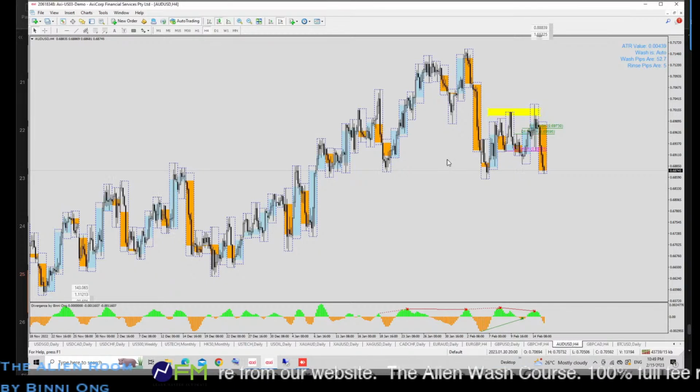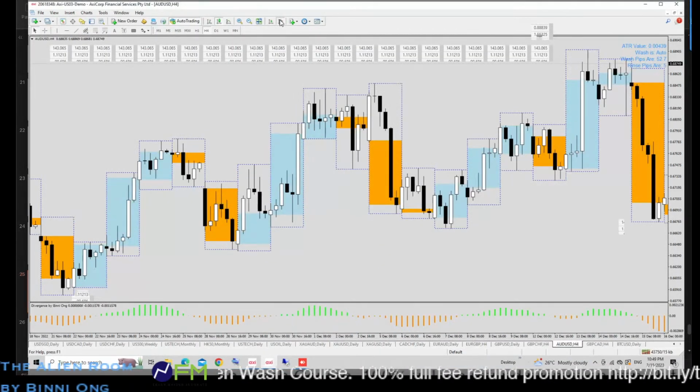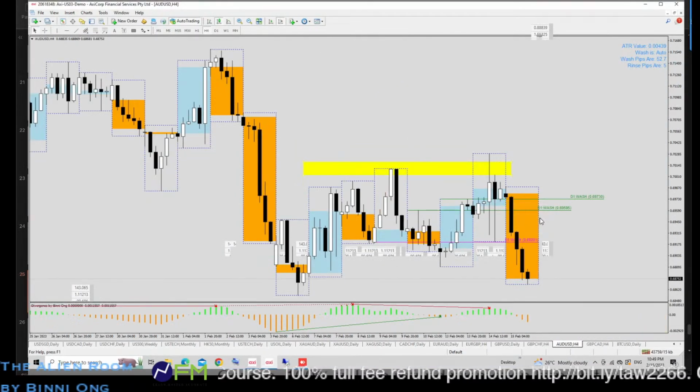And maybe you have to require that there is a resistance here and the green lines are coming in. Then I'm actually prepared to do only the sell side. That is the auto trade. That means you have to put it in to allow it to trade for you.